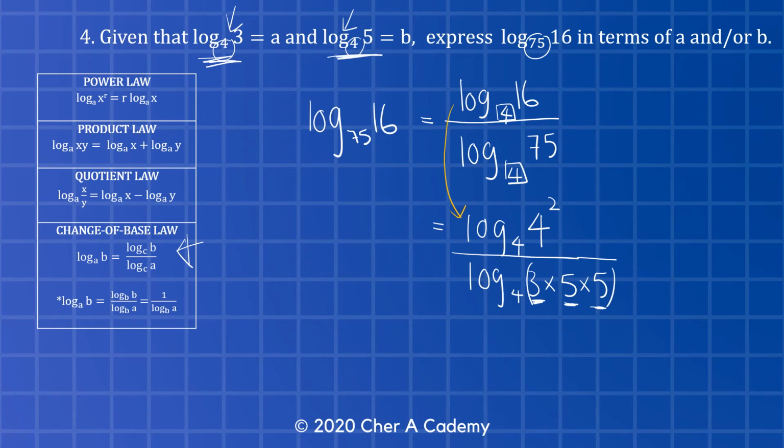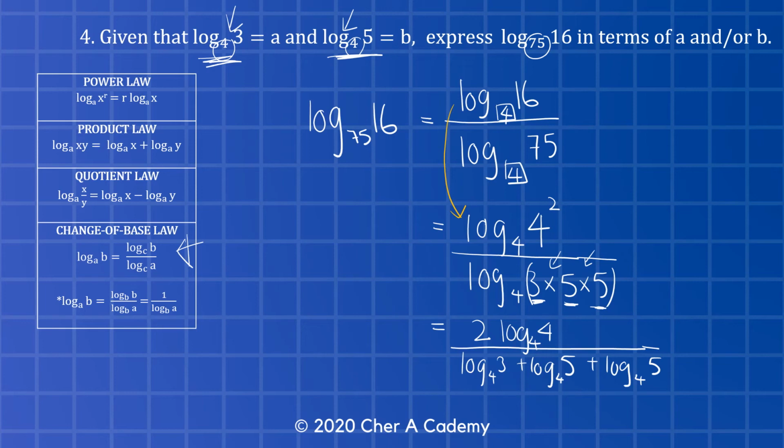and I can actually use this here, log base 4 of 5. Okay, so now let's use the power law to break down the numerator. So I bring down the power to log base 4 of 4, over, okay, since I have multiple multiplication signs here, I'm going to break them out using the product law. So I have log base 4 of 3 plus log base 4 of 5 plus log base 4 of 5.